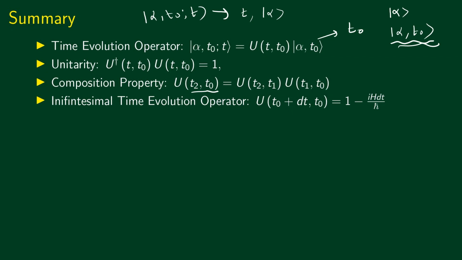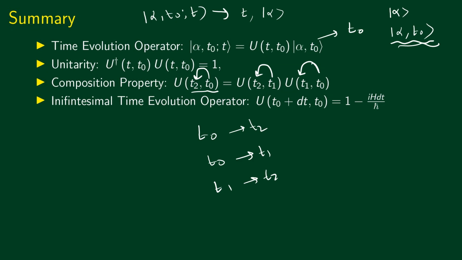We said that we have to read this from right to left. So first the state goes from time t0 to t1 and then from time t1 to t2. These two operations will give the evolution from time t0 to time t2. This is the composition property.